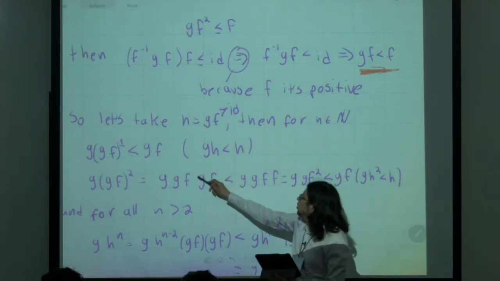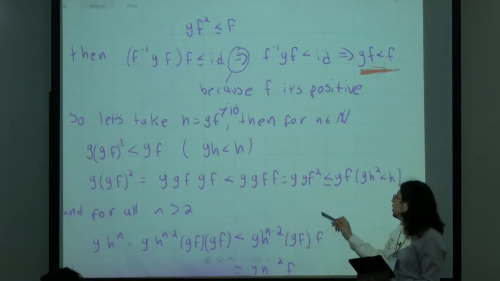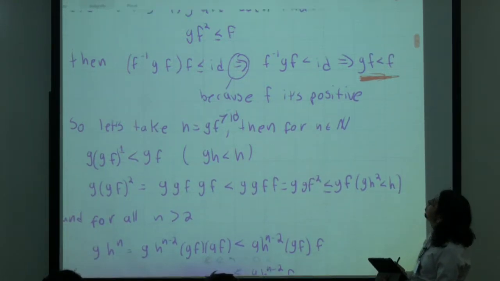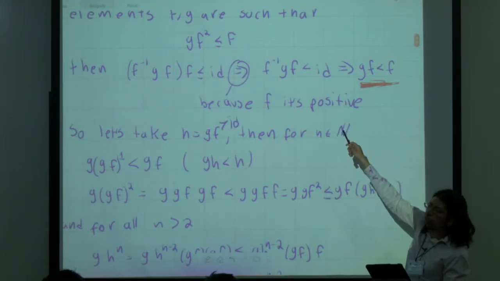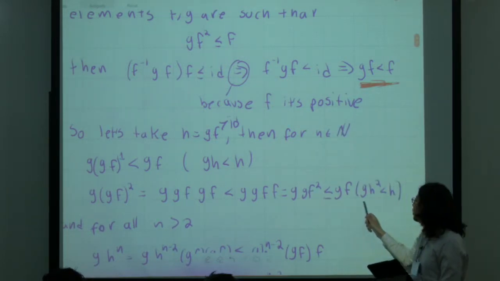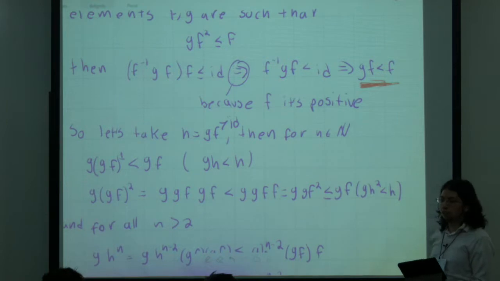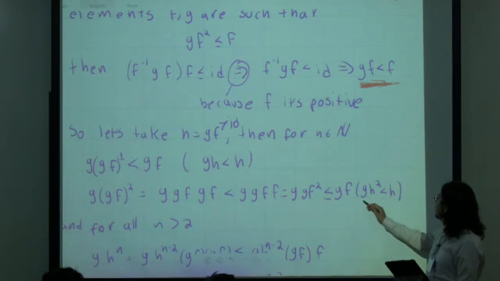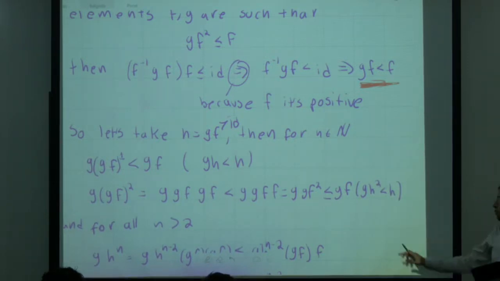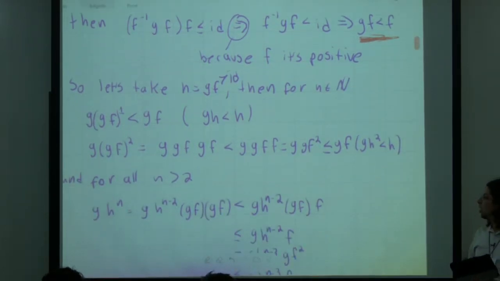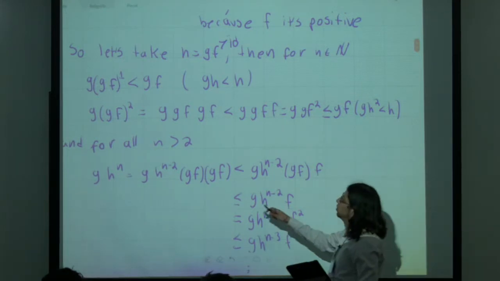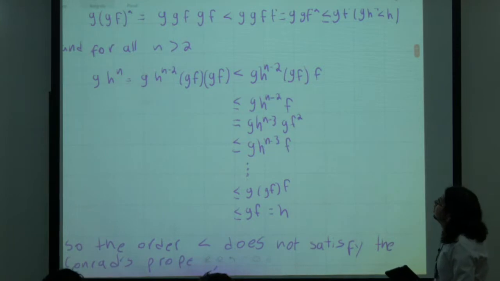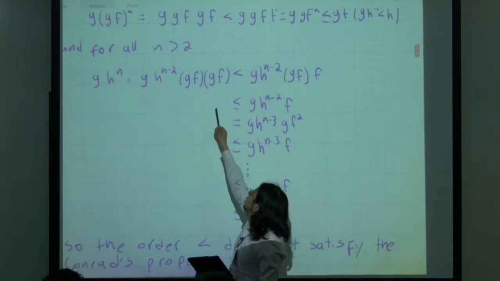To change this for only an f, and after that we have this, and remember the original inequality. So this element is less than or equal to f. So this must happen, and this is the power of 2 of each element. And for all n greater than 2, we can repeat this argument. We split the power in this way.